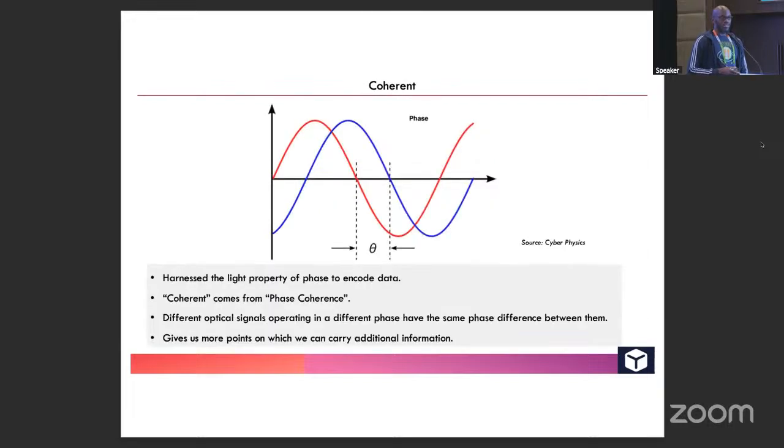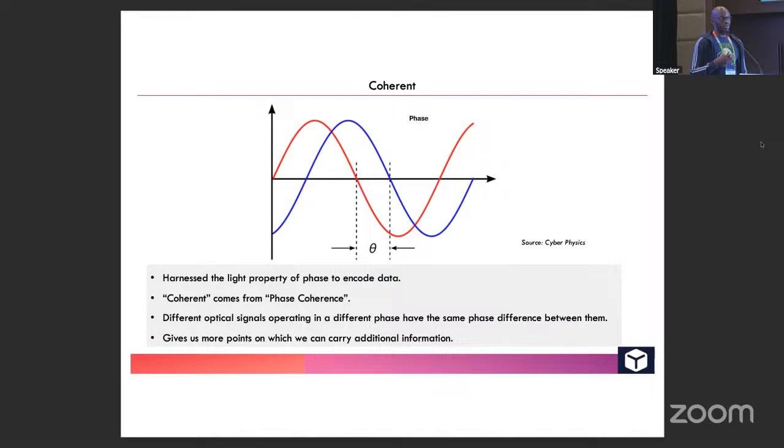So with coherent, we added other attributes from the light to encode additional data. And that attribute was primarily phase. So with phase, which is another property of light, we're then able to encode additional information on each phase to create a lot more capacity in the system, just to make it really simple.